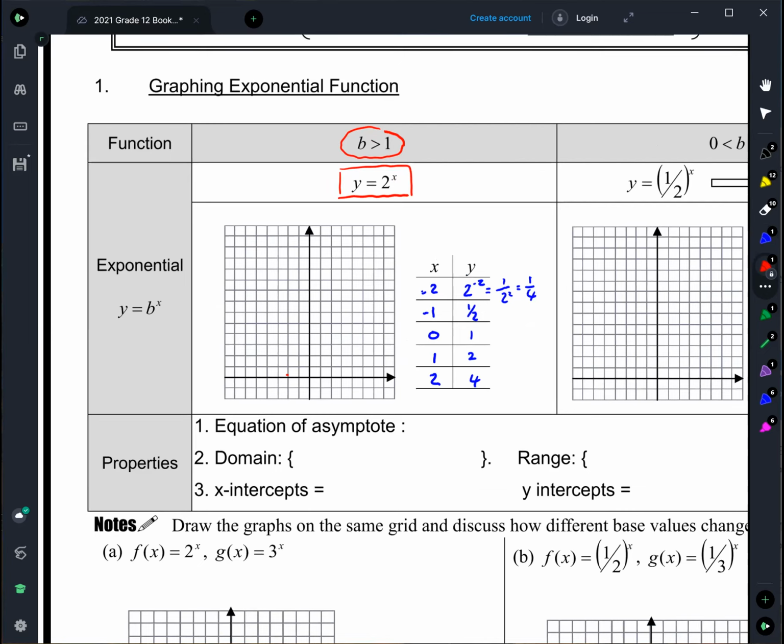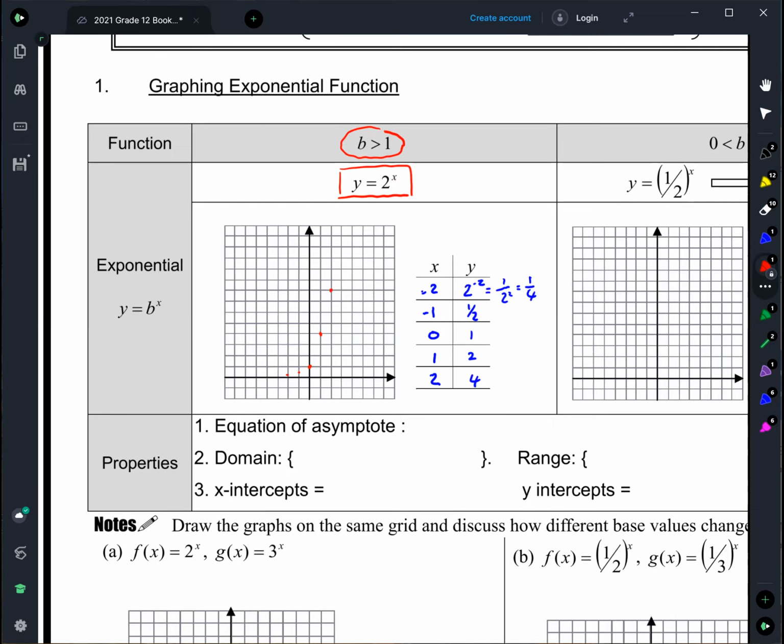I'm using a red dot. -1 is 1/2 here, 0 is 1, 2 will be 4, it goes up very fast. If we do one more, 3 should be 8. 2 to the 3 is 8, so it's way higher, up here. You can see it rises very fast.